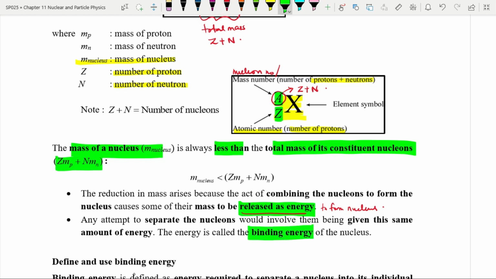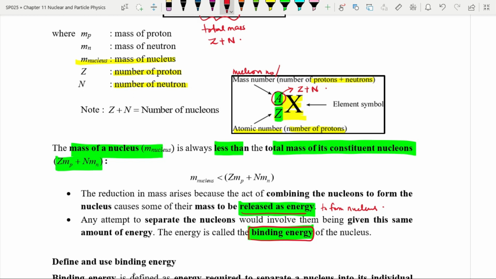Any attempt to bind the proton and neutron or any attempt to break them require the same amount of energy. Maksudnya, to form bond, kita kena release energy. To break the bond, kita kena absorb the same amount of energy. Itu yang dipanggil sebagai binding energy dekat sini.